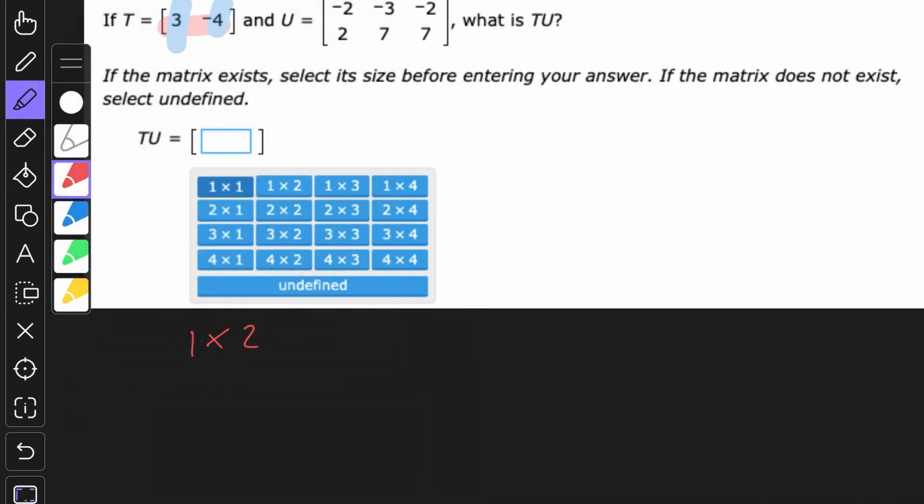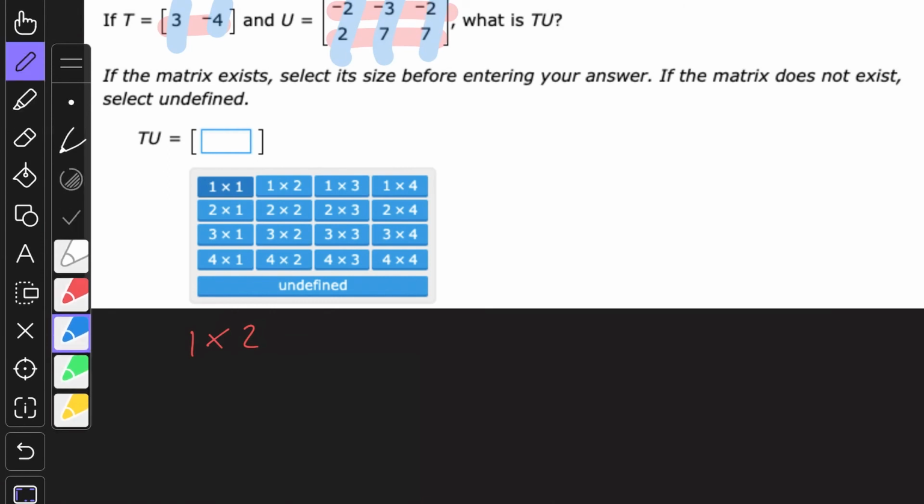And matrix U has 2 rows with 3 columns. So that is a 2 by 3. So looking at those inside numbers, 2 and 2, yes, doable. Outside numbers, so our answer matrix will be a 1 by 3. So I'm going to go ahead and select this button here, and then go ahead and type that in the calculator, see what the answer will actually be.